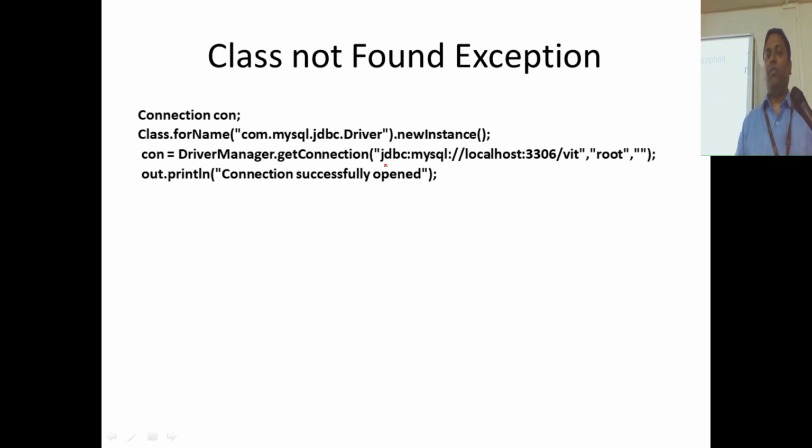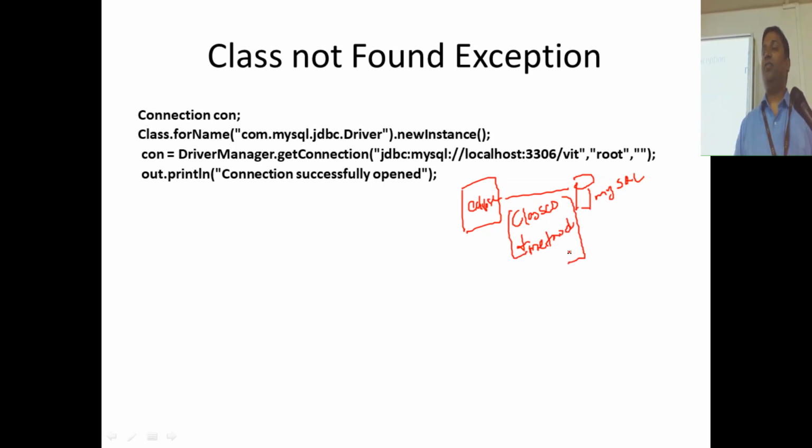Say from your Eclipse, you can connect to your MySQL database. Let me draw that here. So you have your Eclipse, and from here you can connect to your MySQL database. To connect to MySQL, you need a set of classes and methods. So you'll have some methods inside the classes, right? You need that.